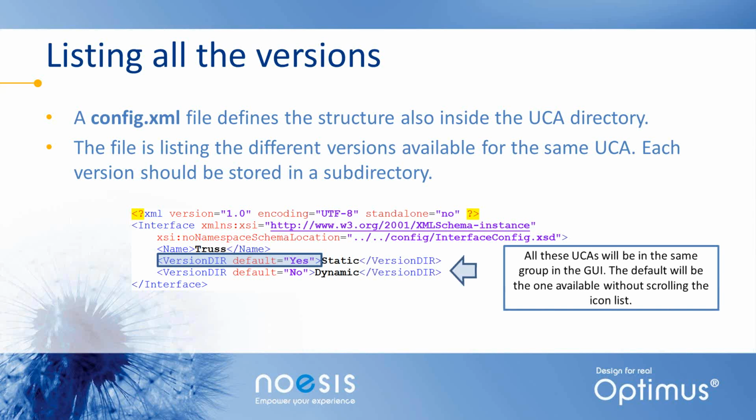You may see that there is also the option to specify which is the default UCA that you want to use in the list, and the default UCA is also the one you will see first in the graphical user interface.